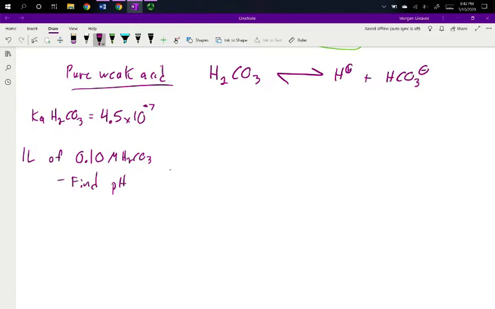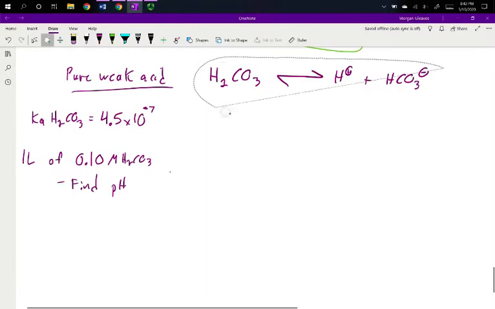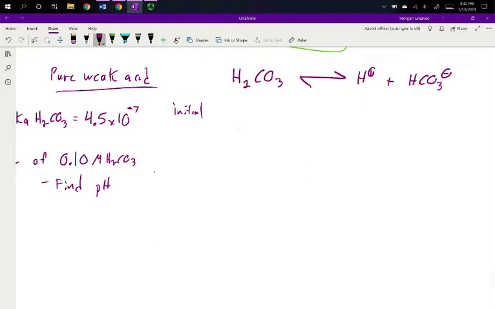And so, again, 1 liter, just so our molarity will also be our moles, makes our calculations a little easier. I can solve the initial amounts of this chemical. I can say I started with 0.10 mole of my acid. And before anything has had a chance to react, there's none of my other materials. This was just pure weak acid in water.